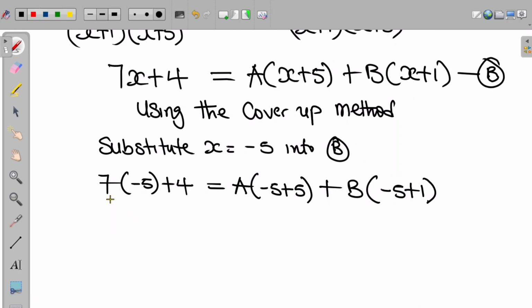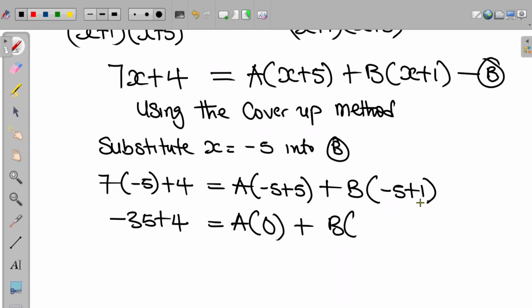From the left-hand side, 7 times -5 is -35 plus 4 equal to A times (-5 + 5), which is 0, plus B times (-5 + 1), which is -4. So this will cancel out because A times 0 is 0. -35 plus 4 is -31 equal to B times -4, which is -4B.